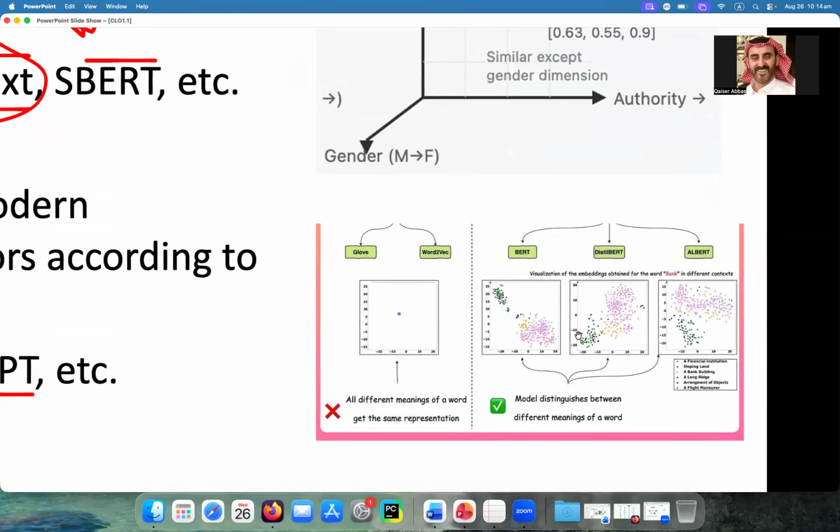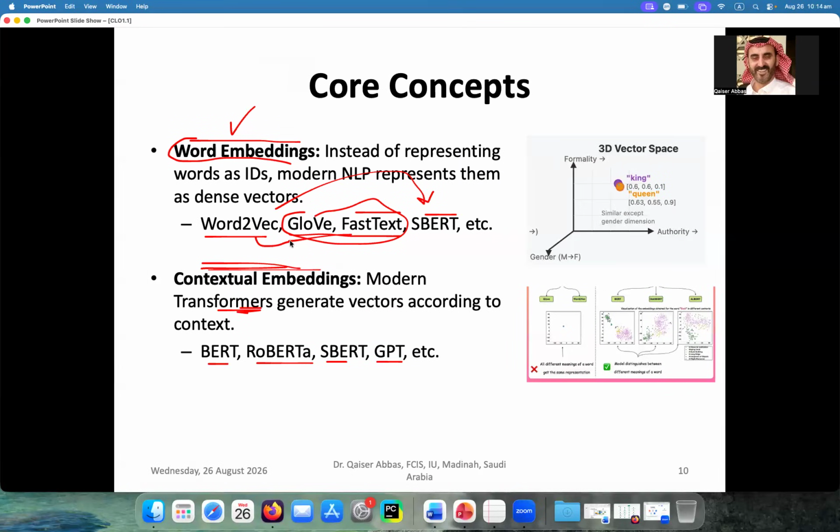Let's have a look. These are the old models, but these are the fathers of the LLMs you have nowadays. You can say these are the father models of these new models that you have now.